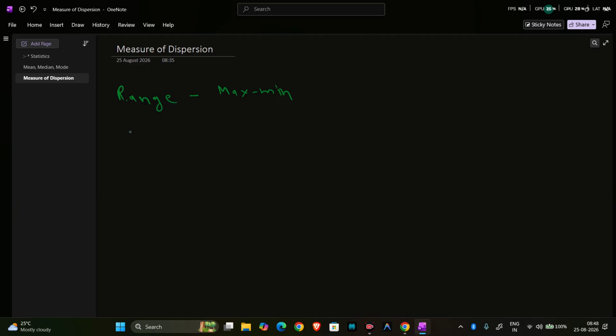Next we have quartile deviation. We calculate this as Q3 minus Q1, divided by 2.